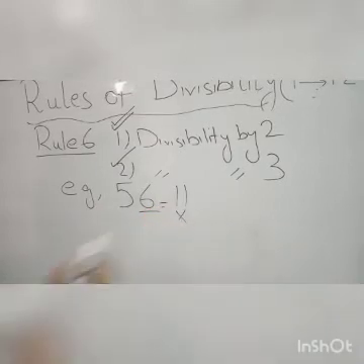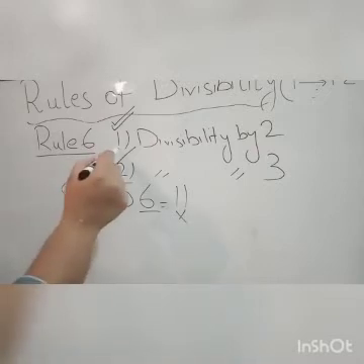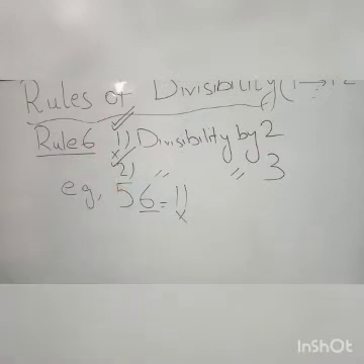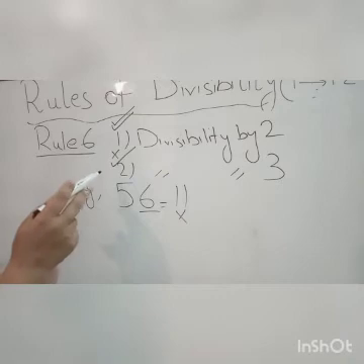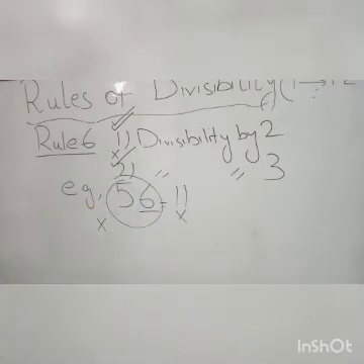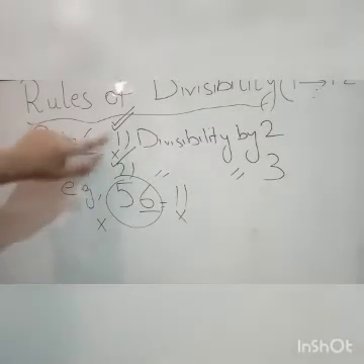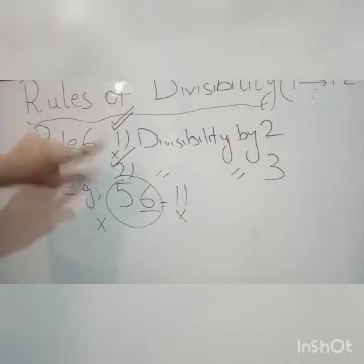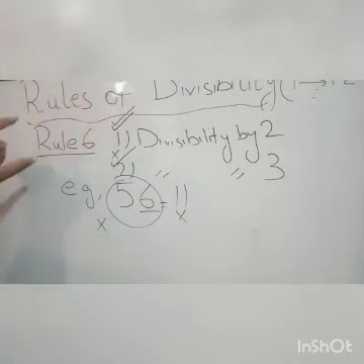And 11 is not divisible by 3. So it is not satisfying the rule for 3. If any one of the rules is not satisfied, the number will not be divisible by 6. So for divisibility of 6, these 2 rules need to be satisfied. If any one of them is not satisfied, the number is not divisible by 6.